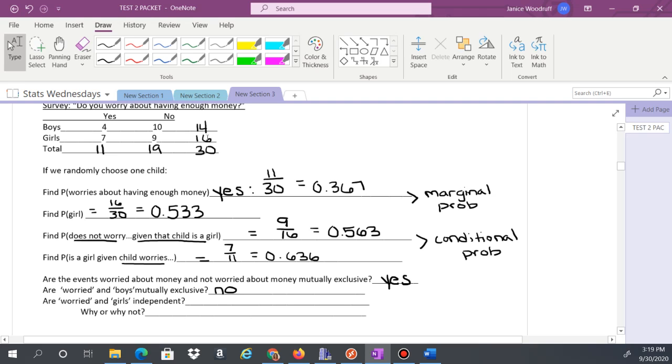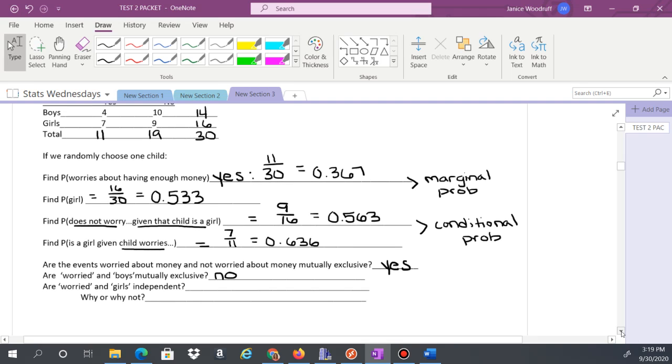The probability of girls would be 16 out of 30. Given the example, they don't really affect each other. But here's the fun thing about statistics. You could kind of argue this either way. Okay, sorry, given the example, yes, they are independent. No, they do not affect each other.